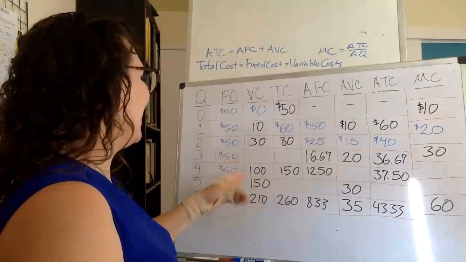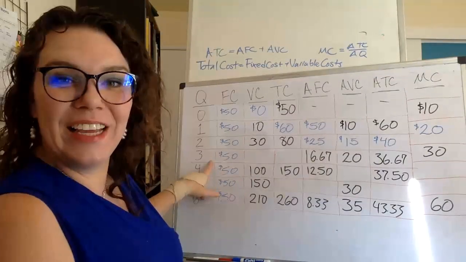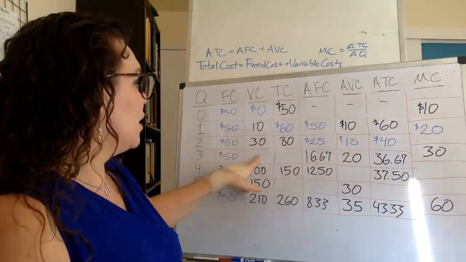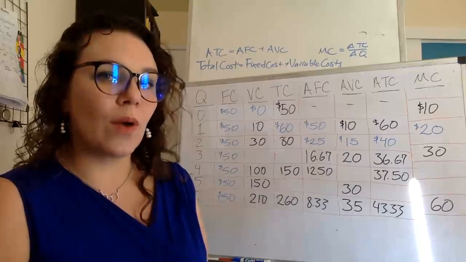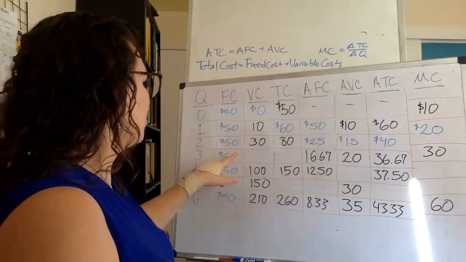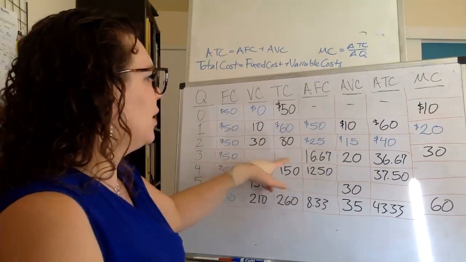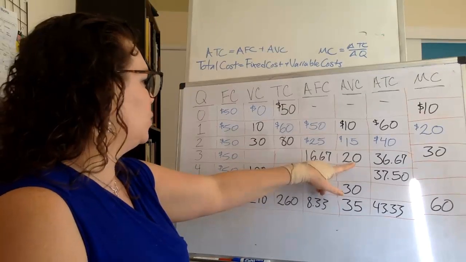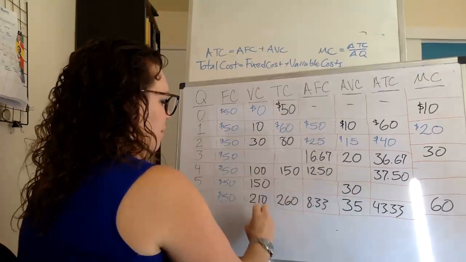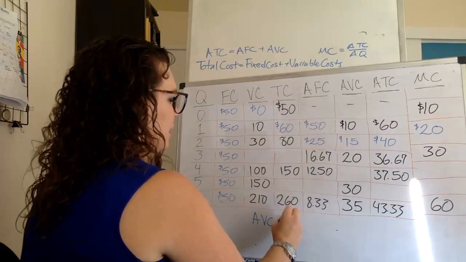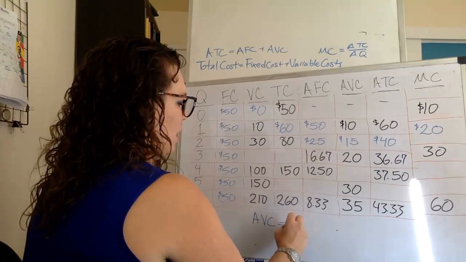So let's keep going. At a quantity of 3, we don't have variable cost or total cost, but we do have the averages. So we can work our way back. We know that our average total cost is going to be $50. And here we can see average variable cost is $20. And remember, average variable cost is variable cost divided by quantity.